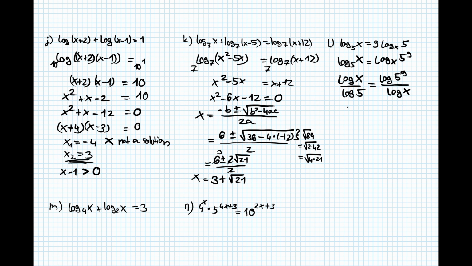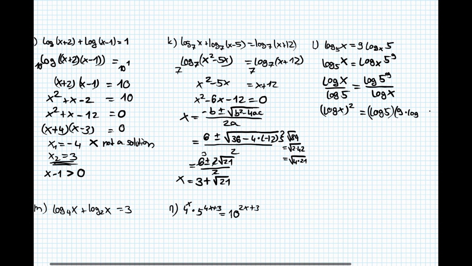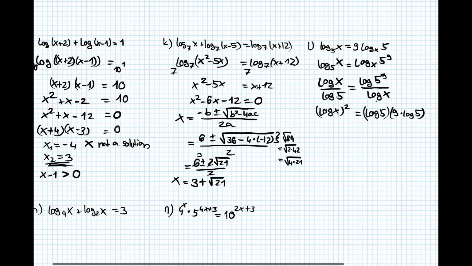Okay, so now multiply this over. Log x all squared equal to log 5 times 9 times log 5. And now rewrite this right side again, which is 3 times log 5 all squared.